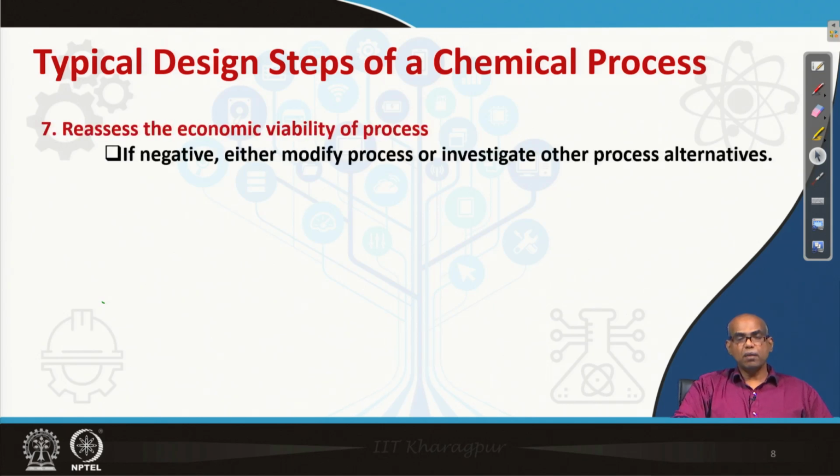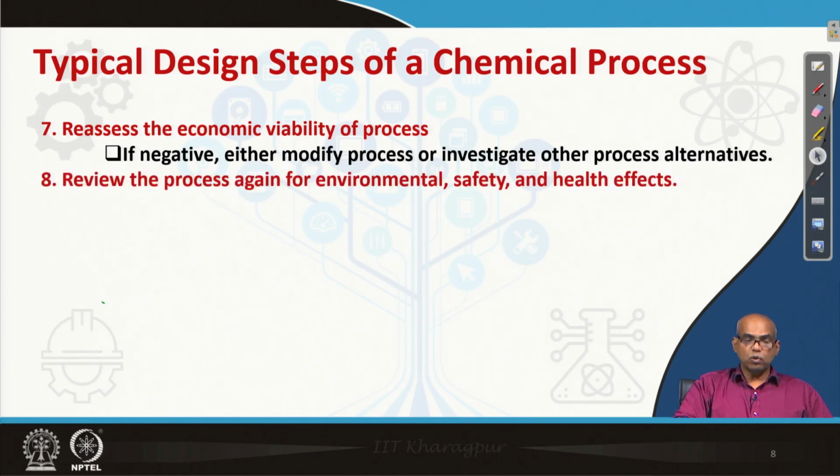Reassess the economic viability of process. Again, if negative, either you modify the process or investigate other process alternatives. Review the process again for environmental, safety and health effects. Remember, your design must satisfy these conditions.